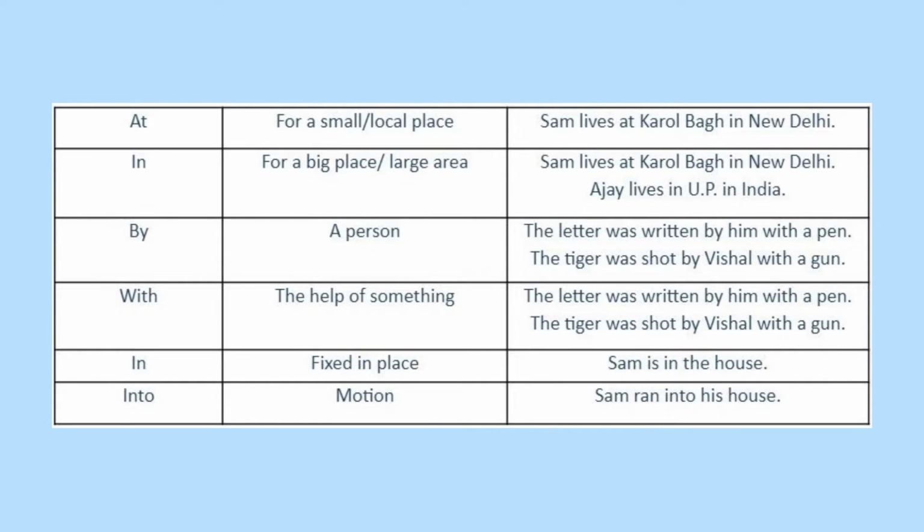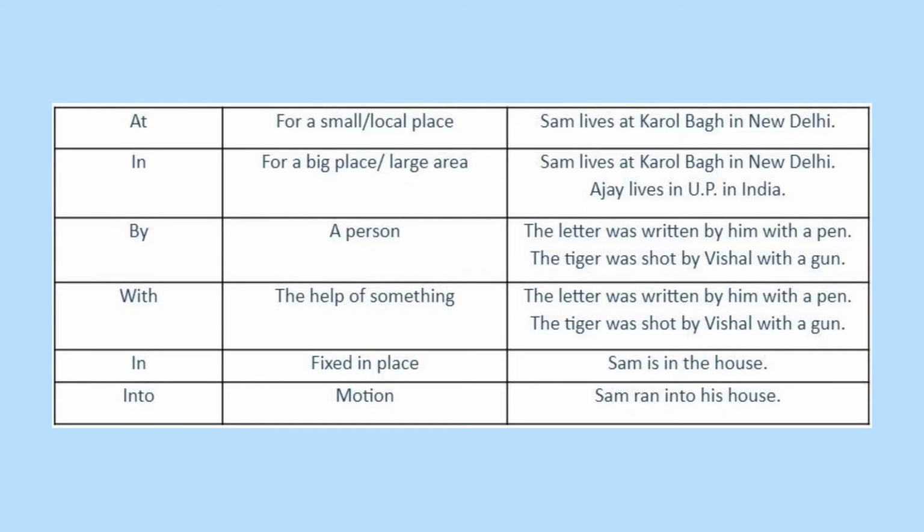So with is used. Another one is the tiger was shot by Vishal with a gun. Here, the tiger was shot with the help of a gun. So with is used.